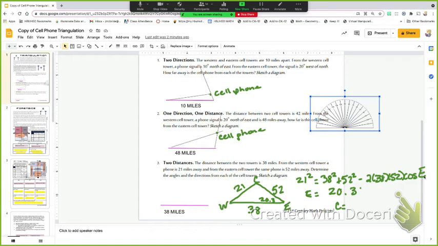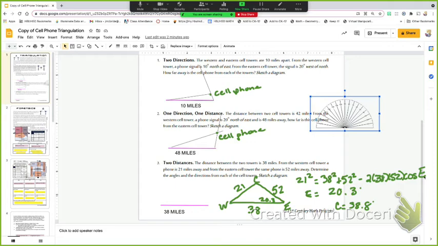Then once you get angle E, then angle C, you should get 38.8, I think. I don't know about my rounding there.